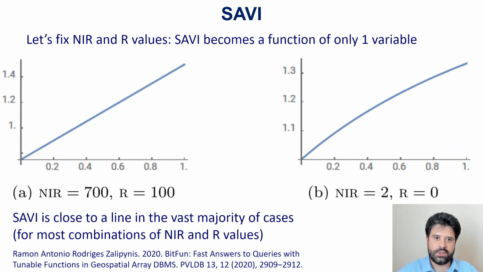Let's fix near and R values. The trick is that SAVI now becomes a function of only one variable. If we look even closer, we will notice that SAVI is close to a line in the vast majority of cases, that is, for most combinations of near and R values.